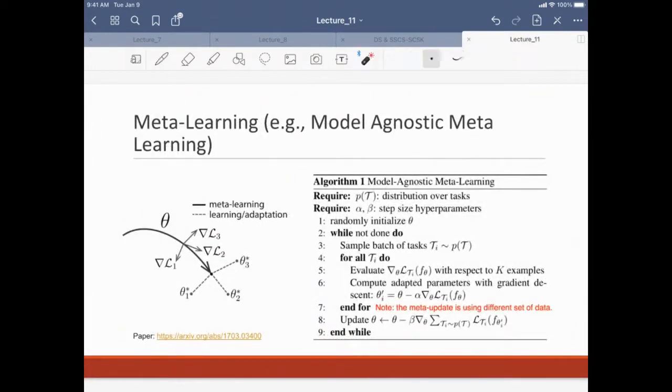So again, this is the algorithm of MAML. I won't actually spend a lot of time here, but it just suffices to say that you essentially want to take your inner gradient steps, right, and finally you take your outer gradient steps, which inherently depend on this inner gradient step over here.